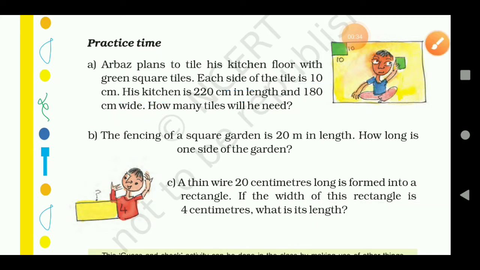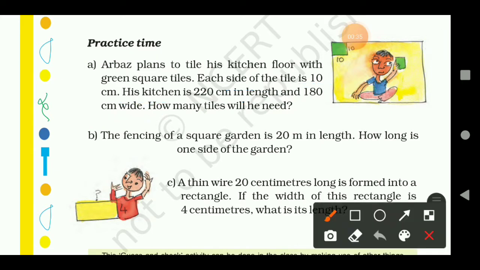So students, here we need to find out first area of tile, then area of kitchen, and when we divide area of kitchen by the area of tile, we will get the number of tiles he will need. So let's solve this sum.